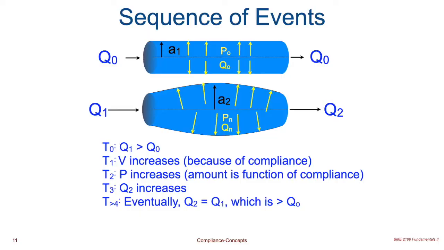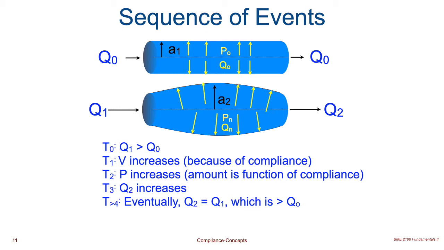That delay is a function of the compliance of the vessel and the pressures. But eventually Q2 will equal Q1, and both those numbers will be larger than the original flow, let's call it Q0, that we had before anything changed. And that's the sequence of events that occurs when we increase the flow into a vessel.